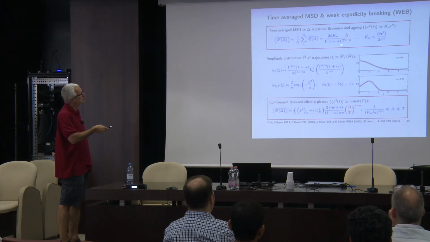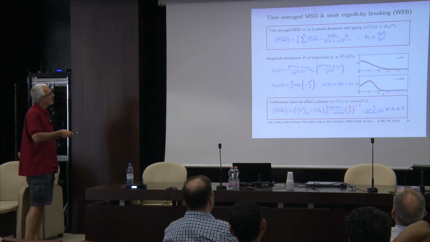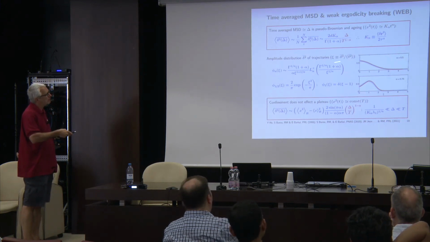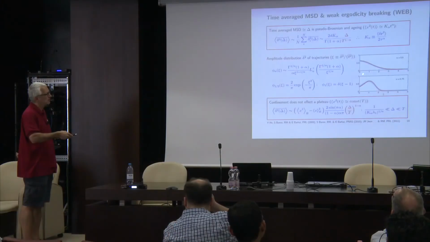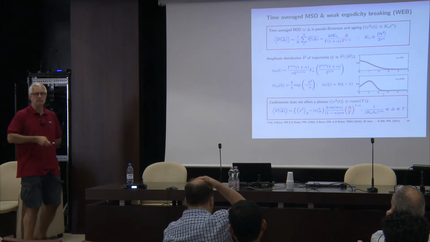What we can show for this continuous time random walk is exactly this behavior that I told you about. If we look at the distribution of the amplitude fluctuations, when alpha is 1/2, for instance, you can show it's exactly a half Gaussian. So 1 here is nothing special in this distribution, but you see the maximum is at 0.